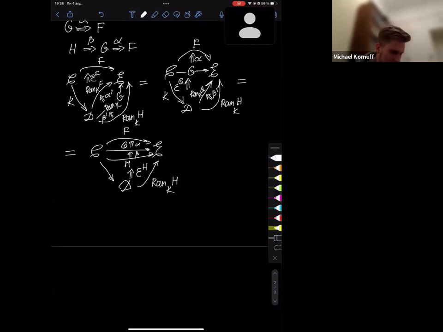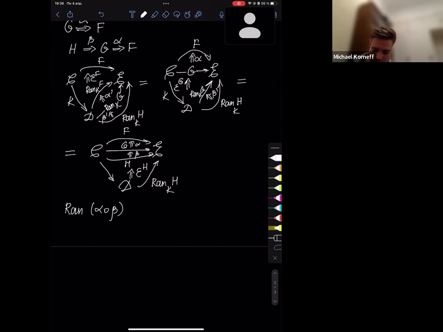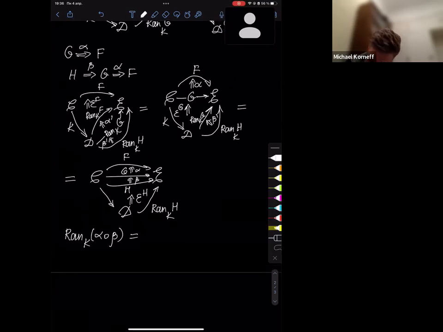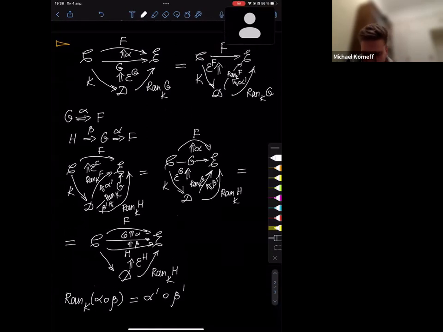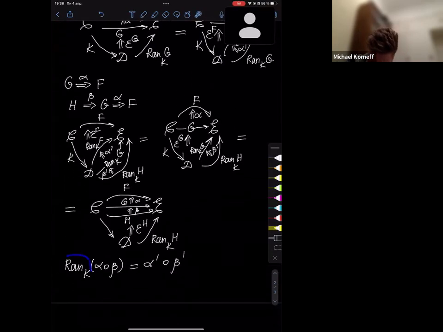Thus, we have that the right Kan extension of the composition of the natural transformations alpha and beta along K equals the composition of natural transformations alpha prime and beta prime, and it means that this is a functor.